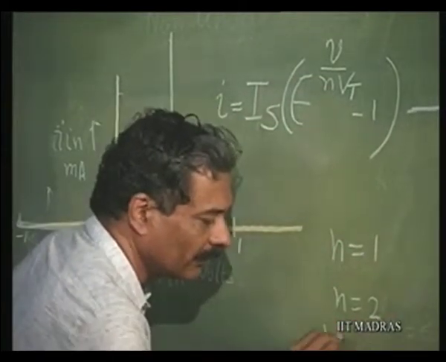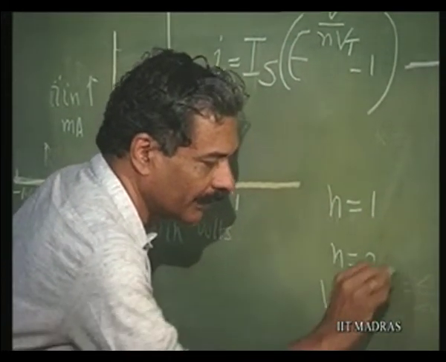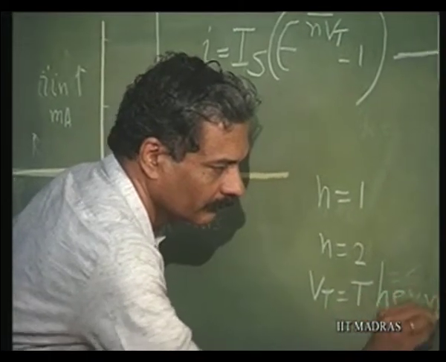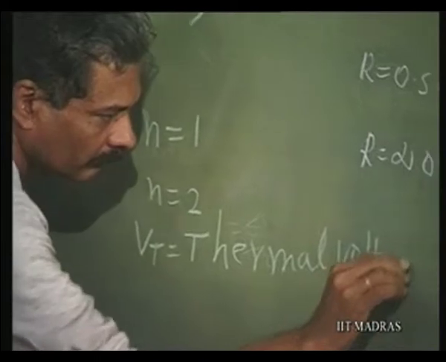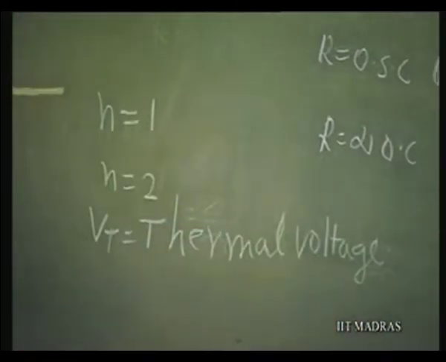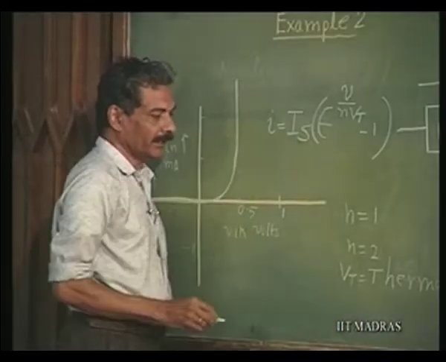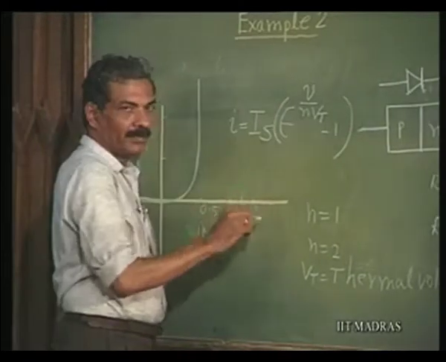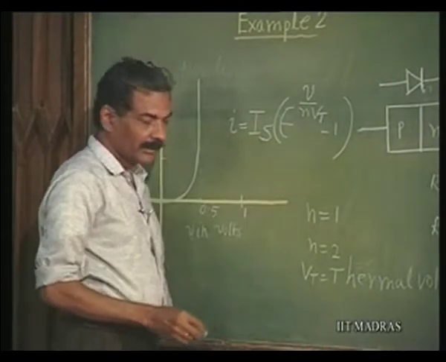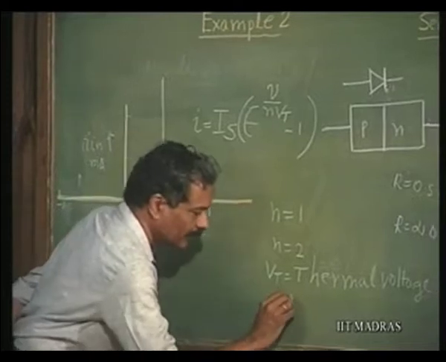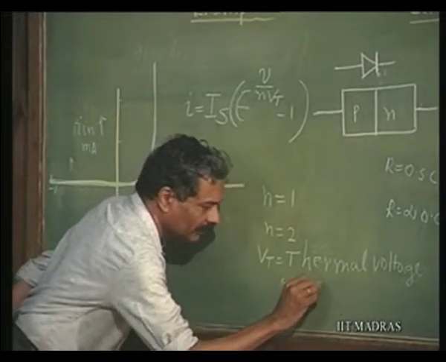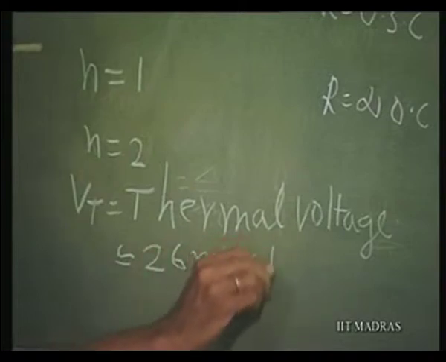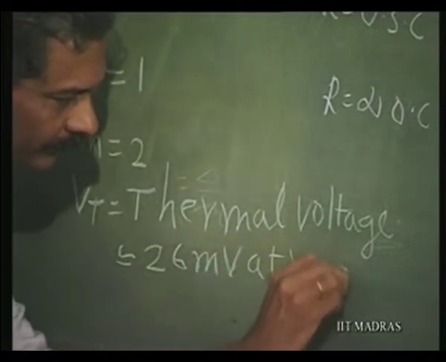Vt is called thermal voltage. So, V is the variable voltage, and Vt is the constant thermal voltage, which is approximately equal to 26 millivolts at room temperature.